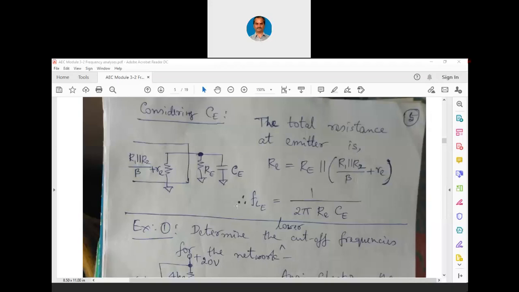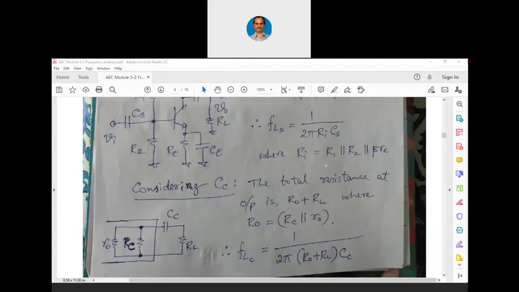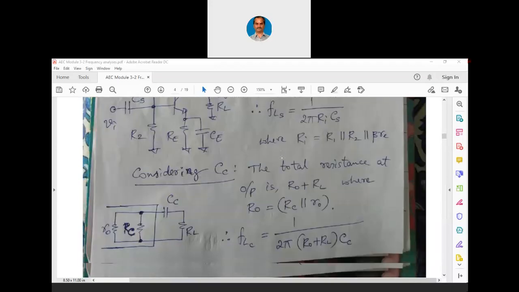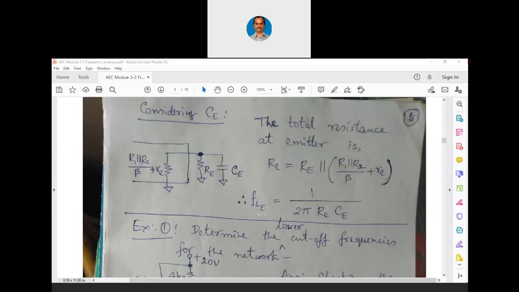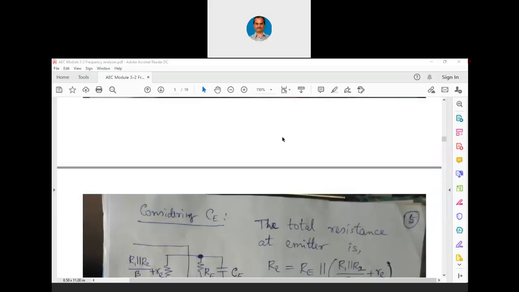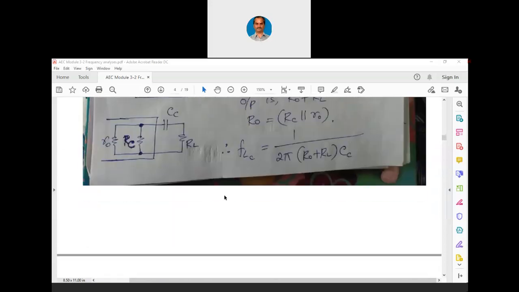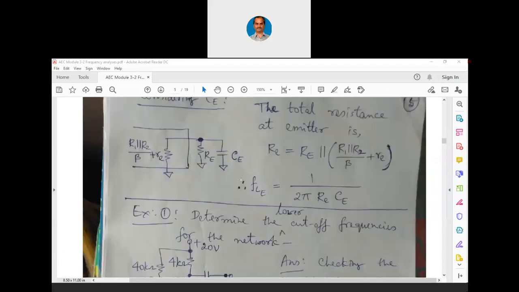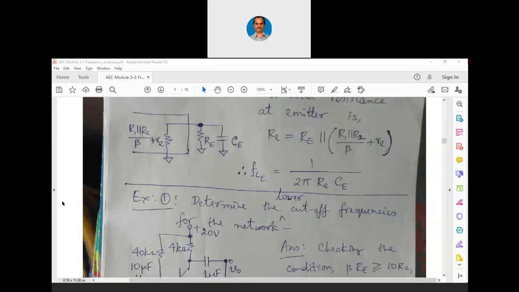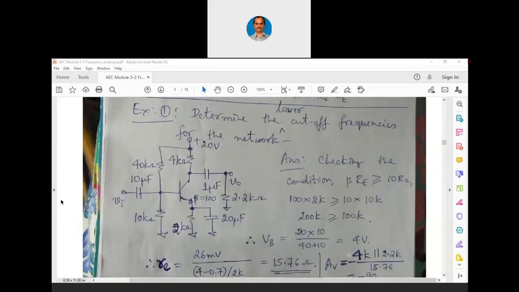Now, you can see that we have all these three formulae, FLS, FLC and FLE. And remember this formula, FLS is 1 over 2 pi Ri into Cs, FLC is 1 over 2 pi into R0 plus RL into Cc, whereas FLE is 1 over 2 pi into Re into Ce. Now, using these three, let us try to solve one exercise now.